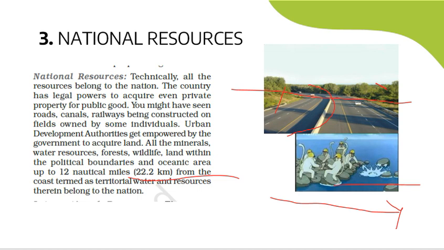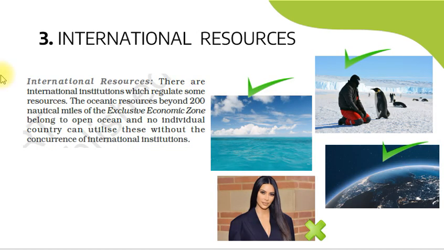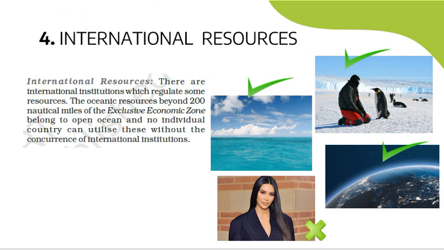Okay, so let's talk about international resources now. International resources are those resources which are not owned by anyone. For example, you can see some examples on your screen. Example से समझ लो, easy हो जाएगा. So these are open waters.